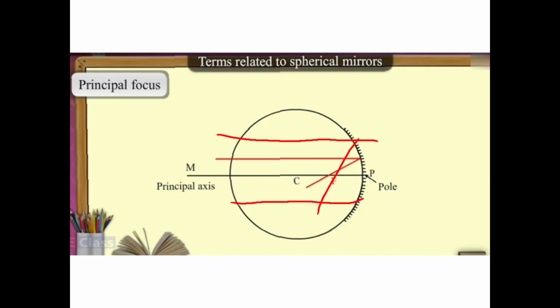Say this is a ray, this also passes through the same point. So after reflection from the mirror, they meet at a particular point in front of the mirror, and that particular point is called the focus of the concave mirror.